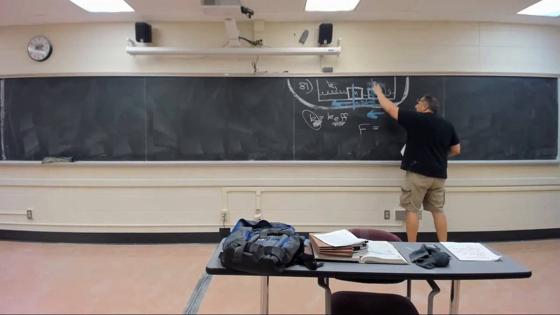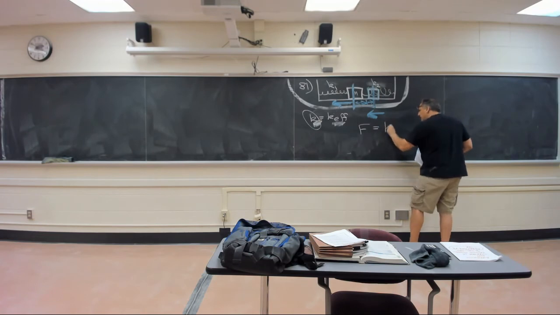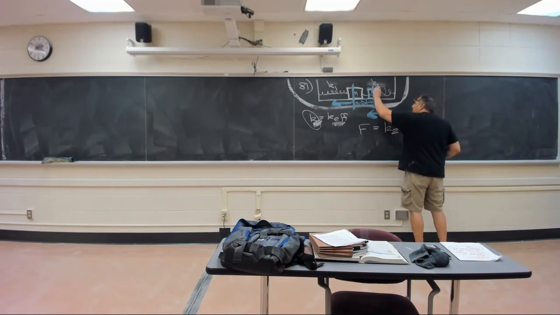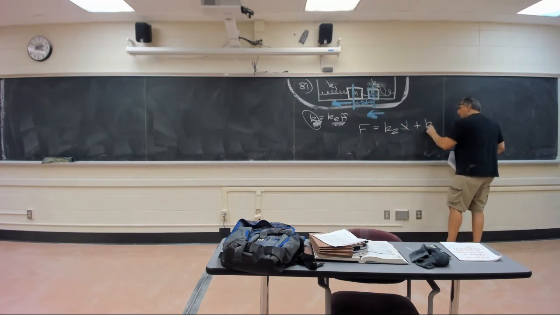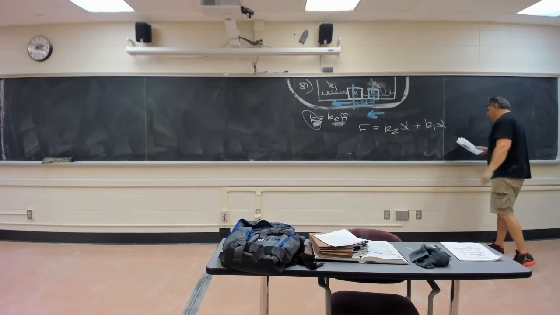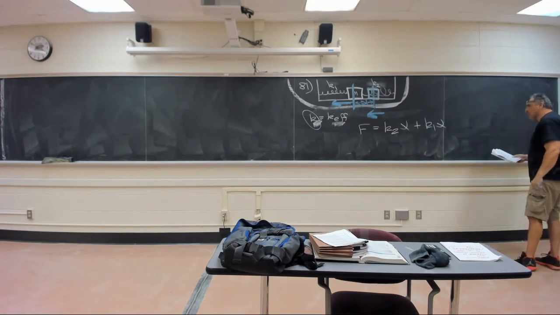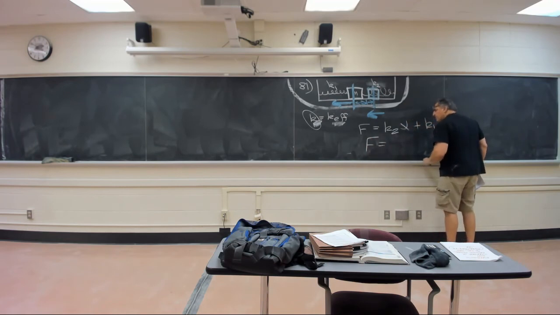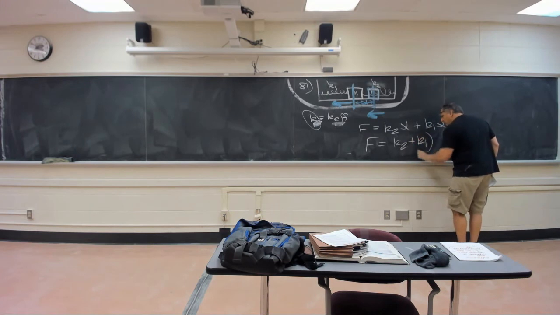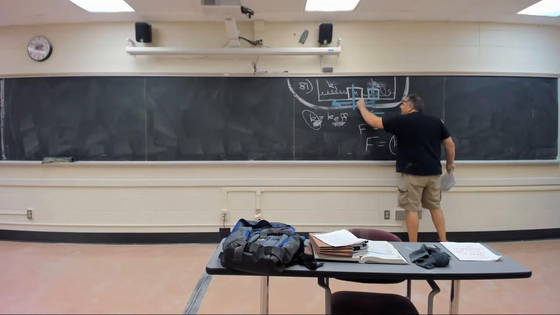This K2 guy pushes him because this K2 guy got compressed X amount. The K1 guy got stretched X amount. How about K2 plus K1? K2's pushing back because he was compressed X amount.